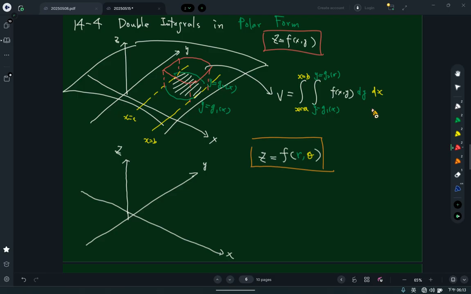That means we change the coordinates from Cartesian coordinates to polar coordinates r, theta.